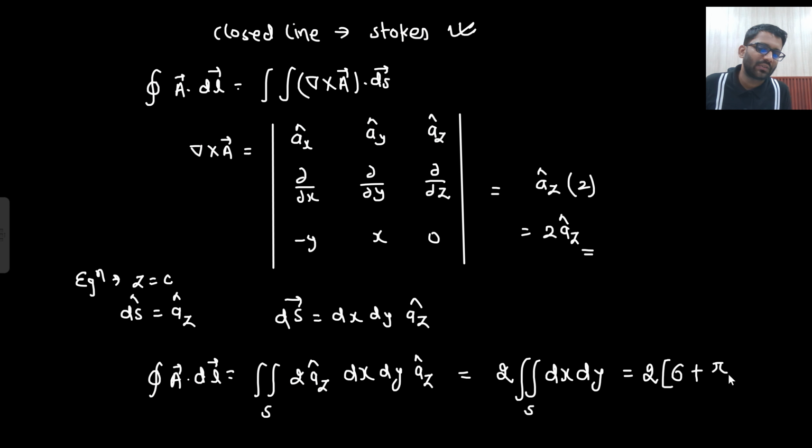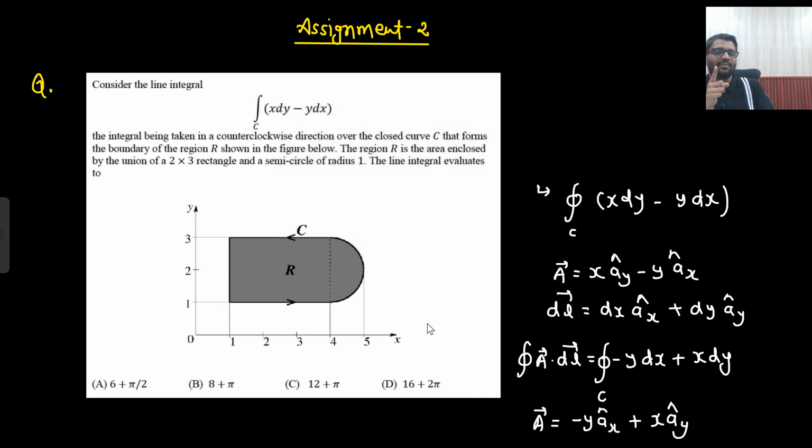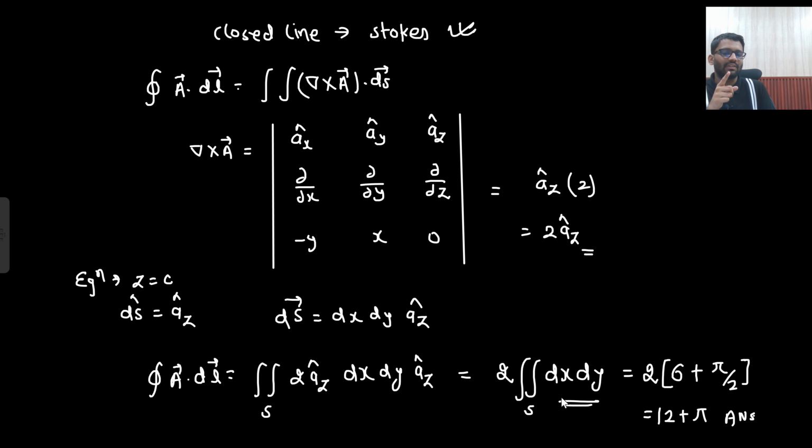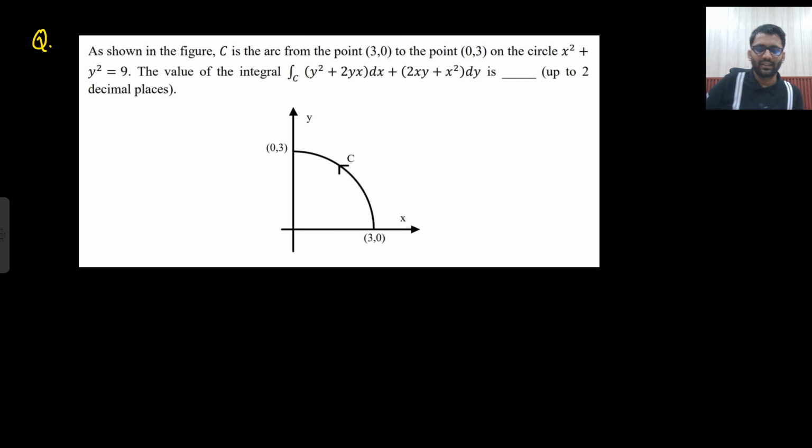So what you are getting is 12 plus pi. That's the answer. Okay. So the trick here was that this was simply the surface area, because there was no variable of x or y here. If there is no variable of x or y, this is simply saying to calculate the surface area. Right? That's it. Let's see the next one.